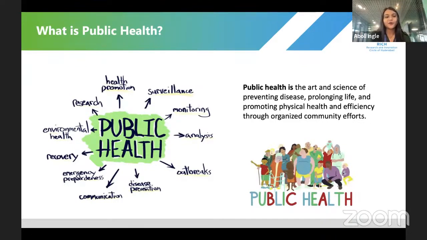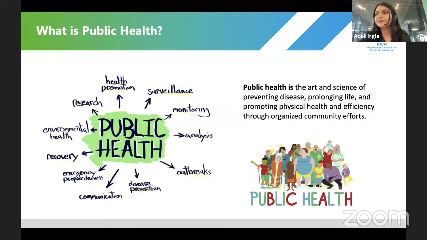These are some of the core elements of public health. The list is not limited to this. As I already mentioned, this field is multidisciplinary and encompasses a wide range of activities aimed at protecting and improving the health of the population.